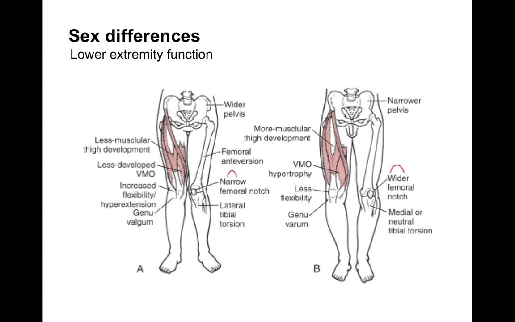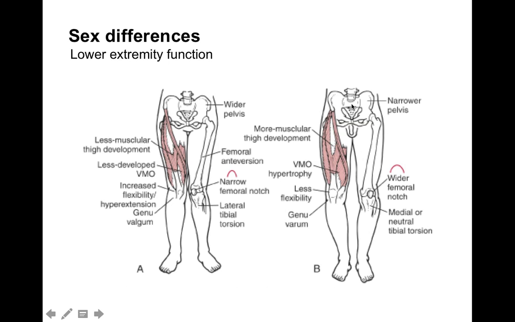Now, the sex differences that exist within the pelvis permeate throughout the lower extremity to account for lower extremity function. So here we have on panel A on the left the wider pelvis of the female compared with the much more narrow pelvis of the male.